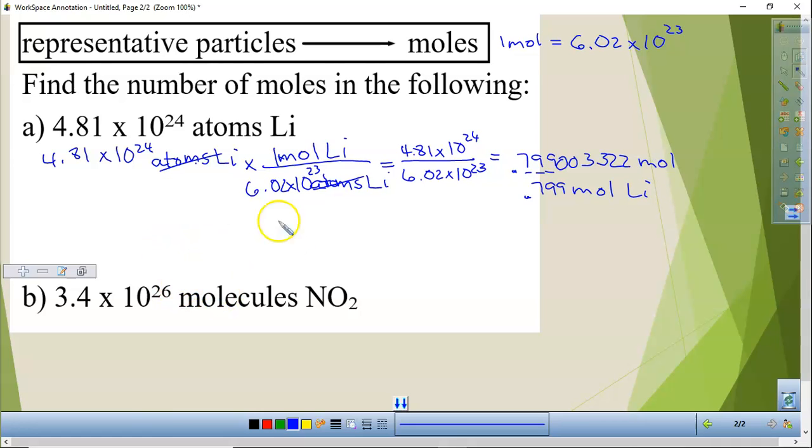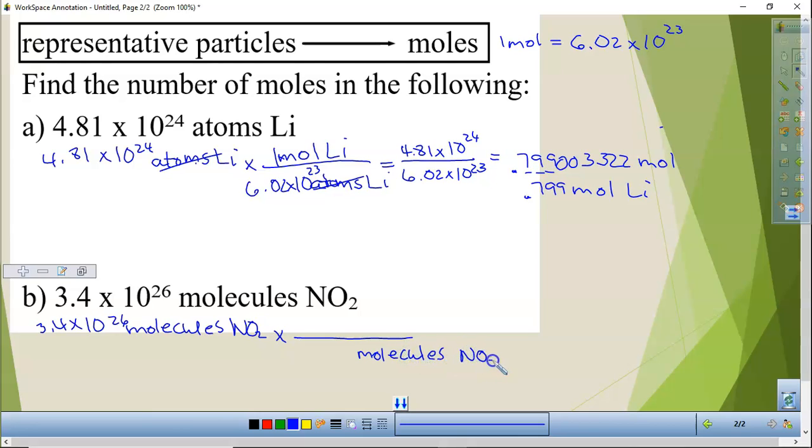Okay, let's try this one down here. We're going to use the same conversion factor up here. 1 mole is equal to Avogadro's number of any particle. So we go back down here. My given is 3.4 times 10 to the 26 molecules. Molecules is a particle. Okay, so next I just go down my unit. My unit is molecules of nitrogen dioxide, NO2.